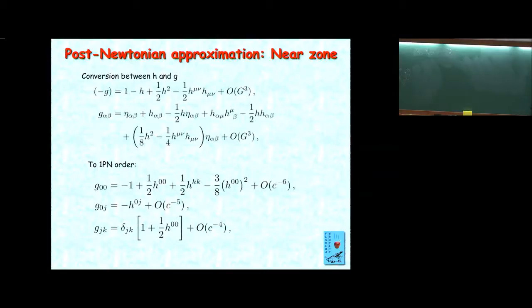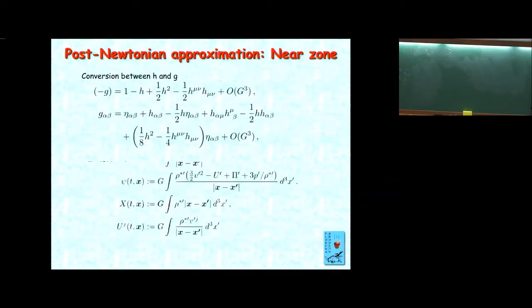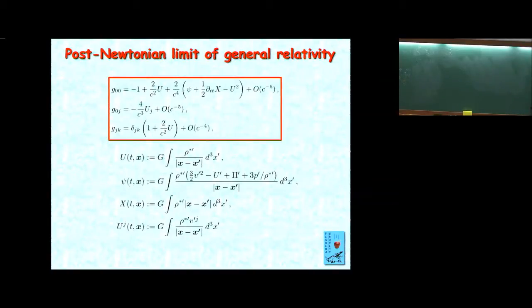So the solution here, h0j, 1, is 4 times uj. And uj is defined here. It's just a vector potential, very much like the vector potential of electrodynamics, right? Potential generated by the mass current, just as the one in E&M is generated by the electric current.